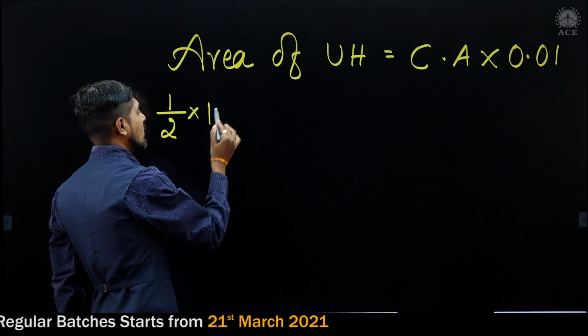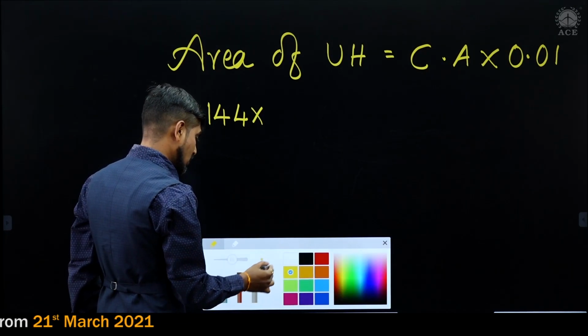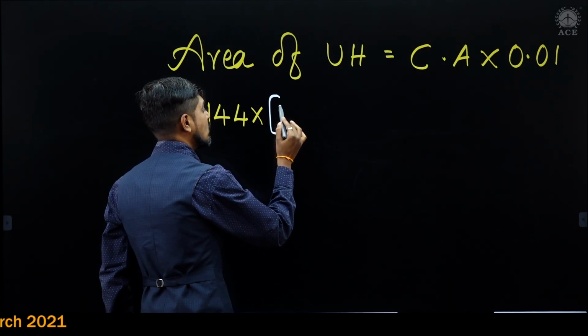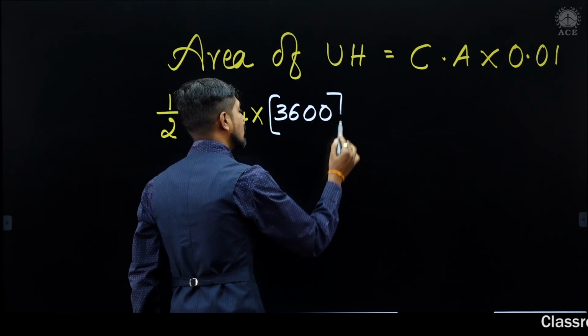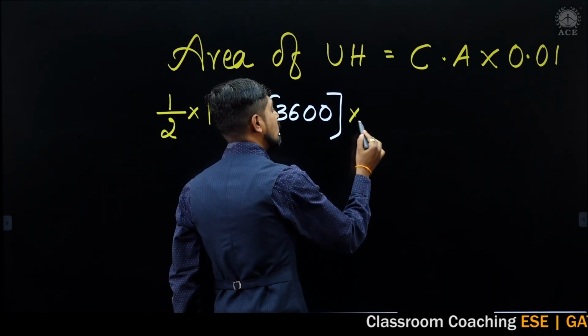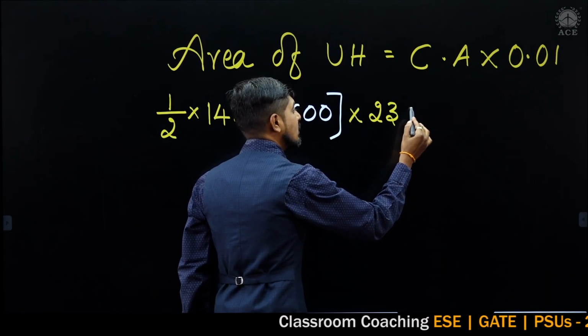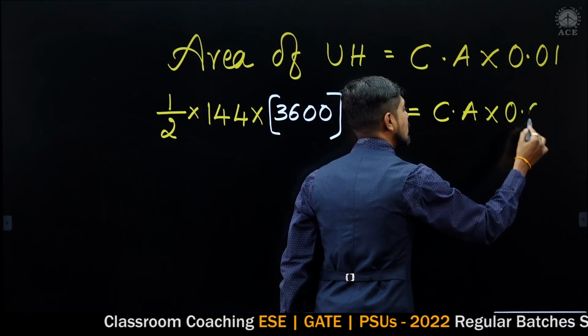So base is 144 hours into conversion from hours to seconds, 3600, 60 into 60, into height 23. This is equal to catchment area into 0.01.